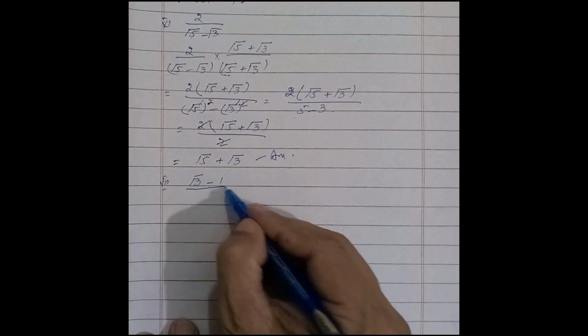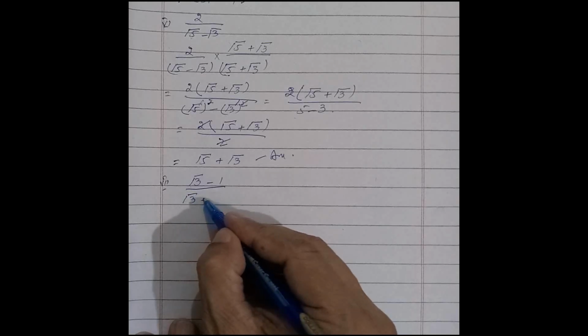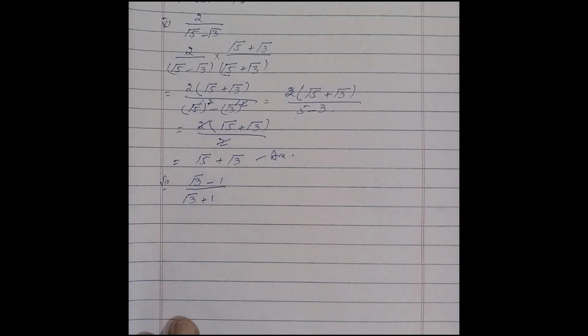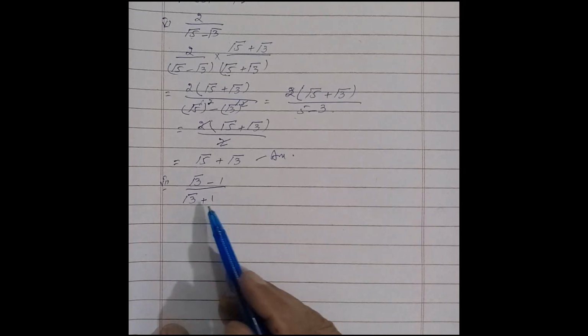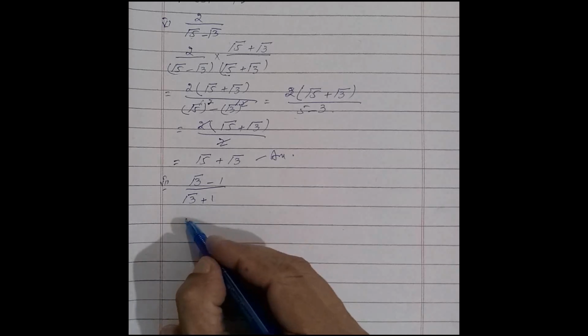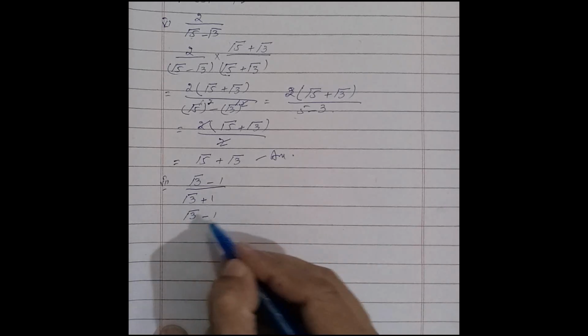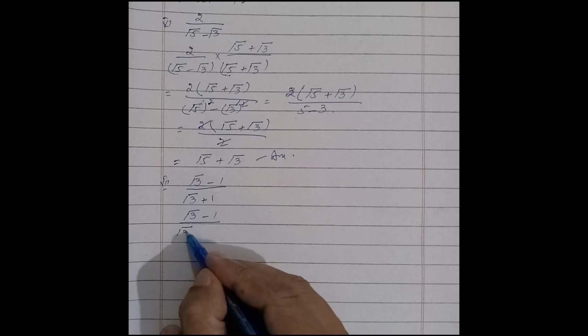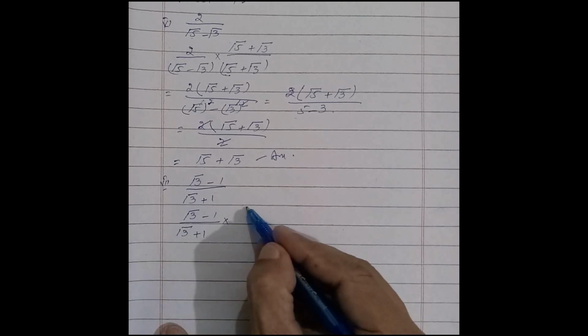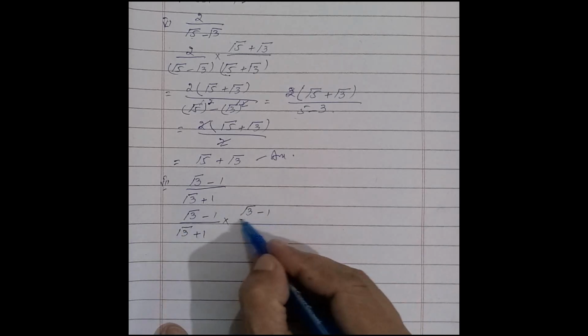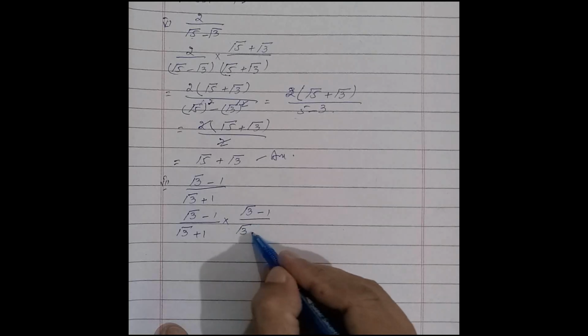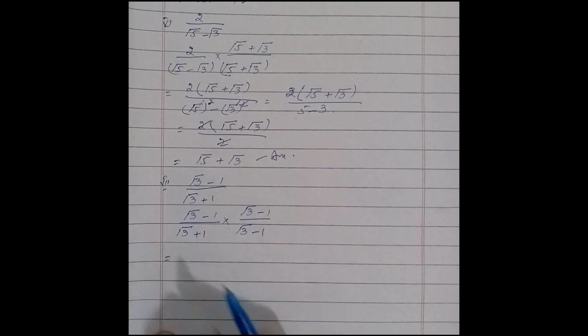And the 7th part is square root 3 minus 1 over square root 3 plus 1. Now we solve it by multiplying the numerator and denominator by square root 3 minus 1. Square root 3 minus 1 over square root 3 plus 1 multiplied by square root 3 minus 1 over square root 3 minus 1.